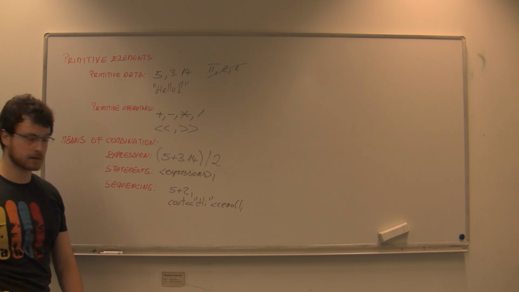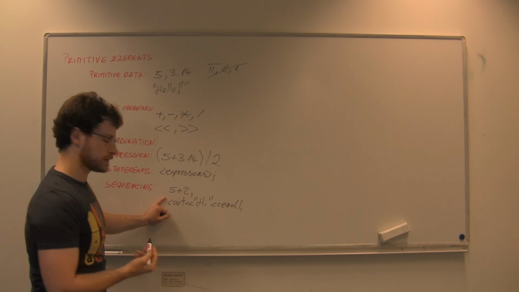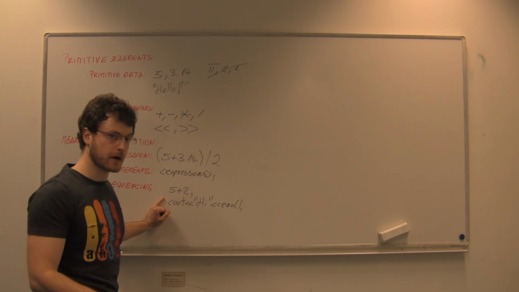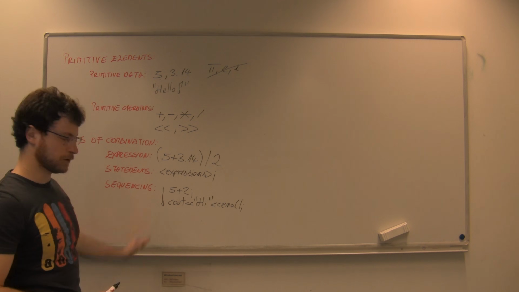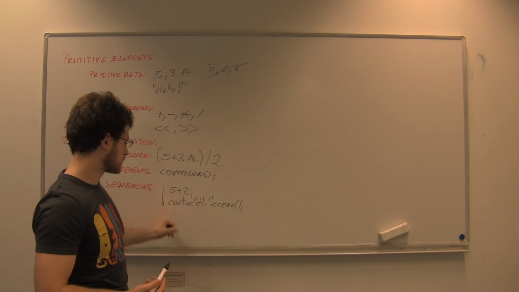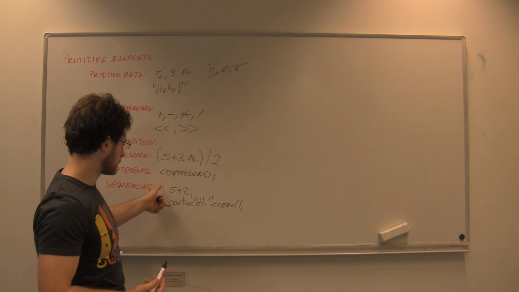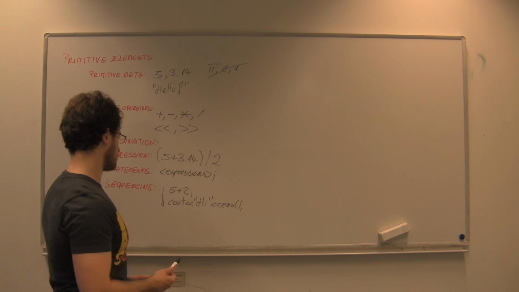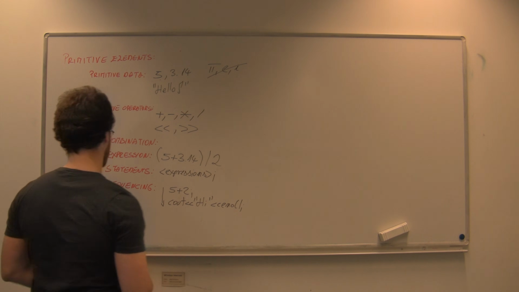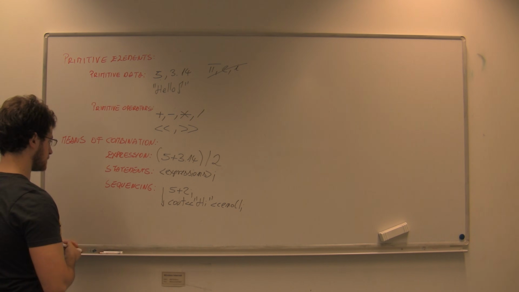But the important thing is that with sequencing, we introduced the notion of time in the text of our programs. So when we evaluated a program, we had to pay attention to the order, because it's not the same if we flip these two statements. Well, in this case, it will not be a problem, but in general, it is an important thing.